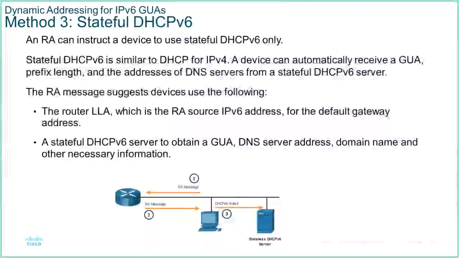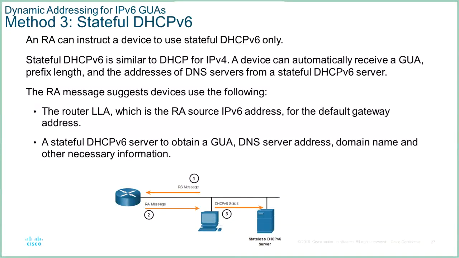So it's a little different to the way DHCP works for v4. When we're running v6, we bounce that initial request up via the router, and the routers will advise the host where to find the DHCP server.